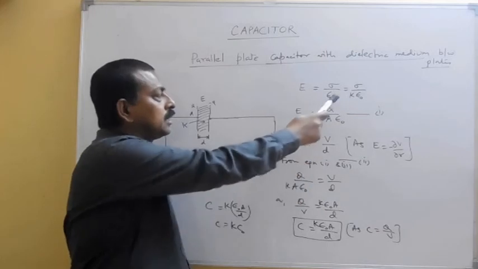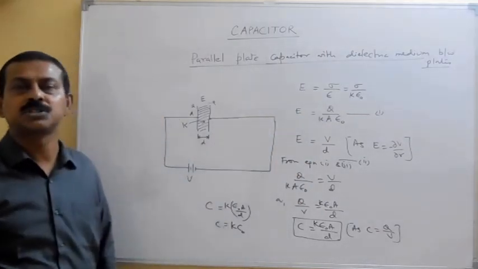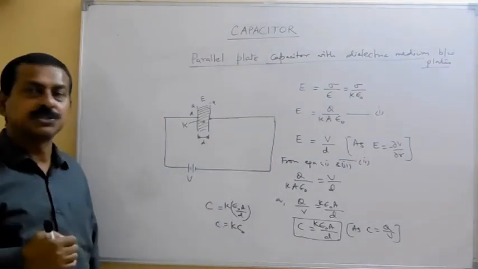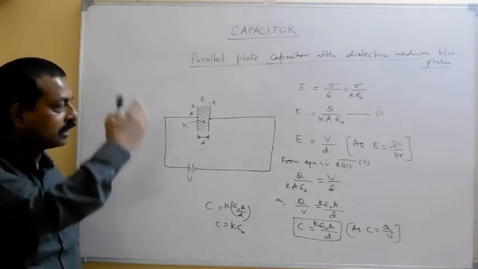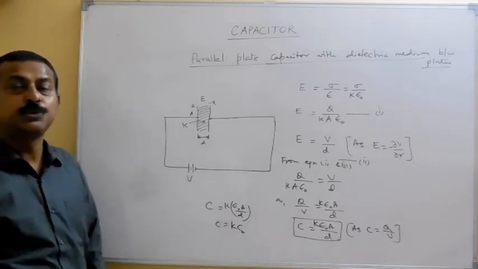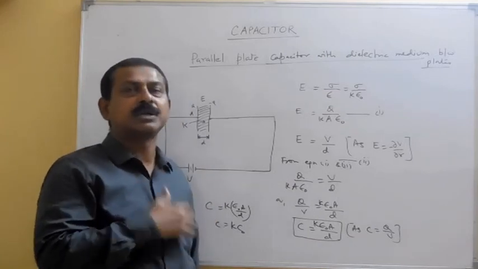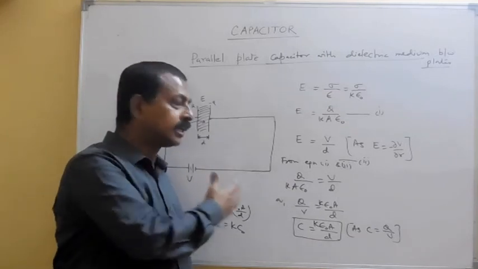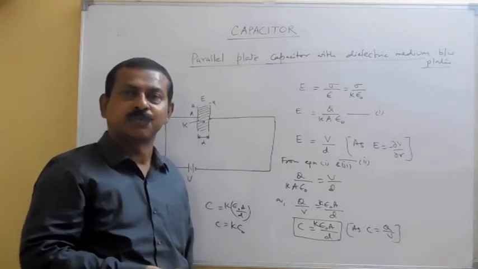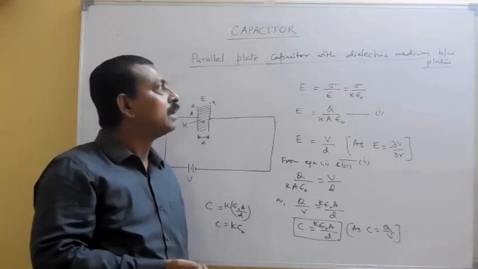Just our term K, which is the dielectric constant, has appeared in this expression, and we can get the entire derivation. So if you remember the steps of derivation of one, you can easily get the expression for the second one. Okay.